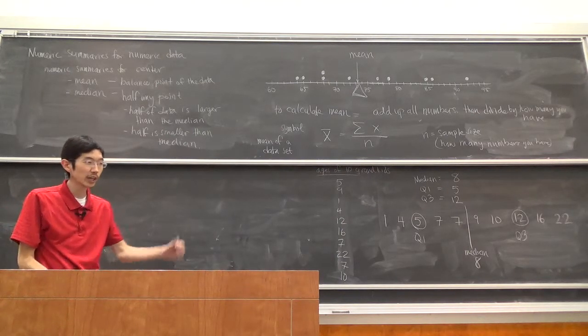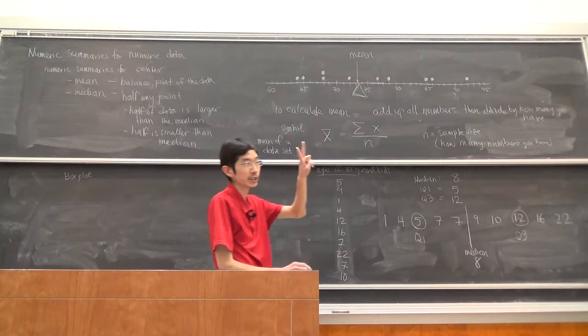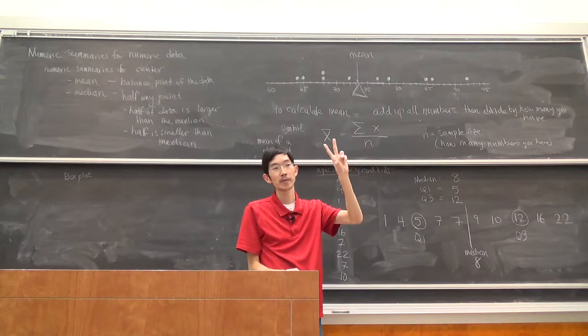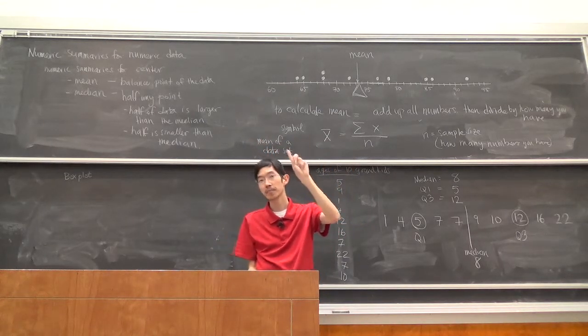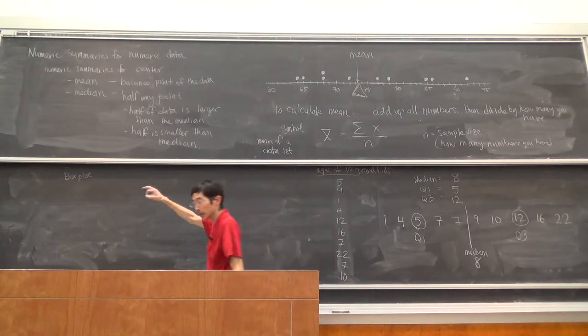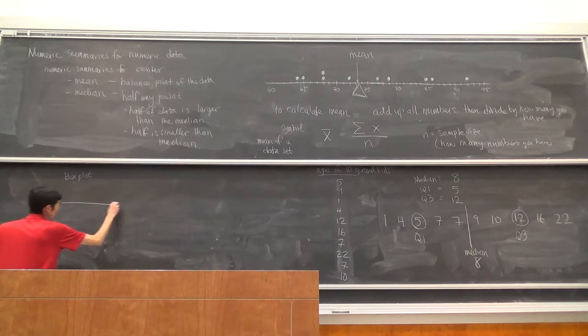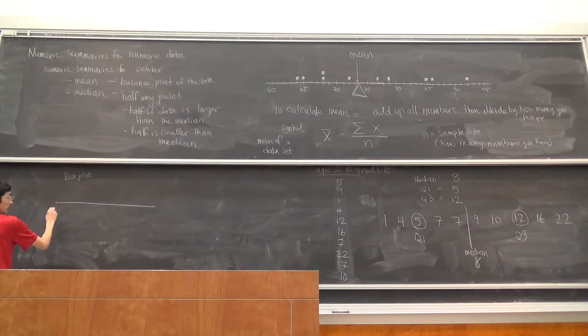Okay, so we've already covered 2 graphic displays for numeric variables. What are they? A dot plot and histogram. Okay, so box plot is a third one, and a box plot has a number line.